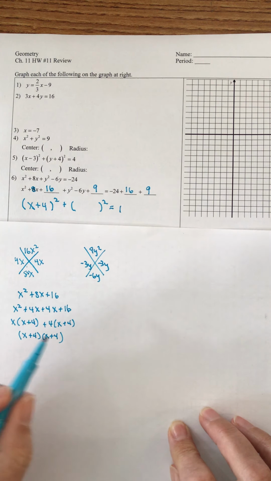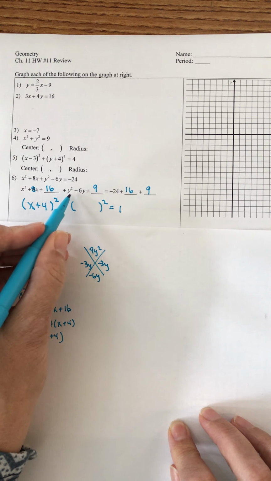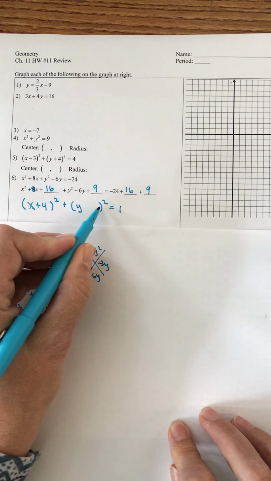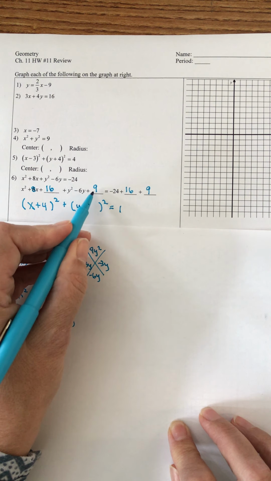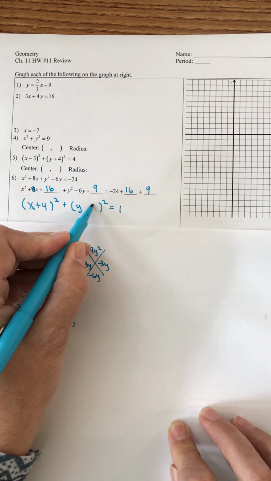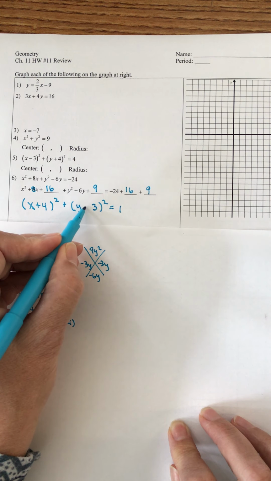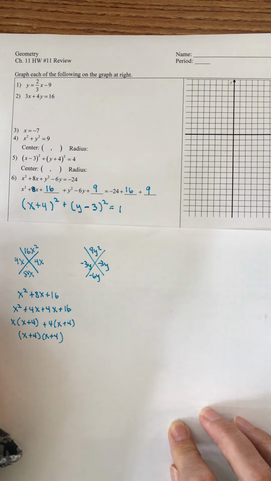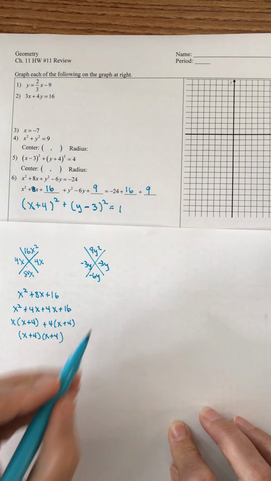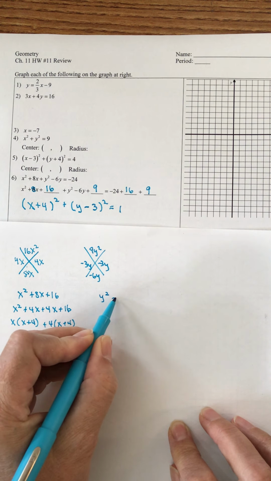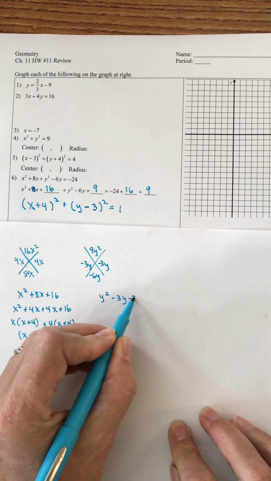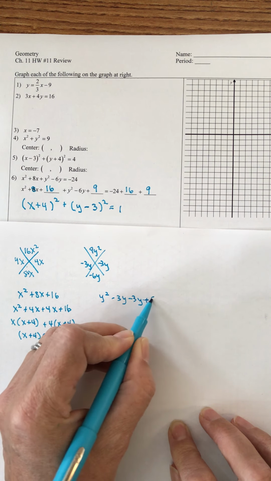Now hopefully you don't need to keep showing out these steps every time you need to complete the square, because I know that the first times the first has to be y, and that the number here, when I multiply it times itself, I have to get a positive 9. And because that's a negative 6y, this is going to need to be a minus 3. And I could show out the steps for that. Y squared minus 3y plus 9.